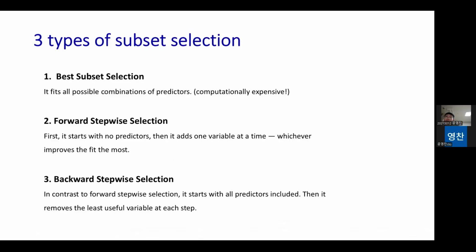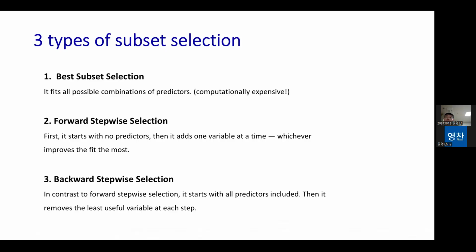Best subset selection fits all possible combinations of predictors. It's like checking every possible model and picking the one with the smallest training RSS. This method gives the global optimum, but it's computationally expensive because there are 2 to the power of p possible models.